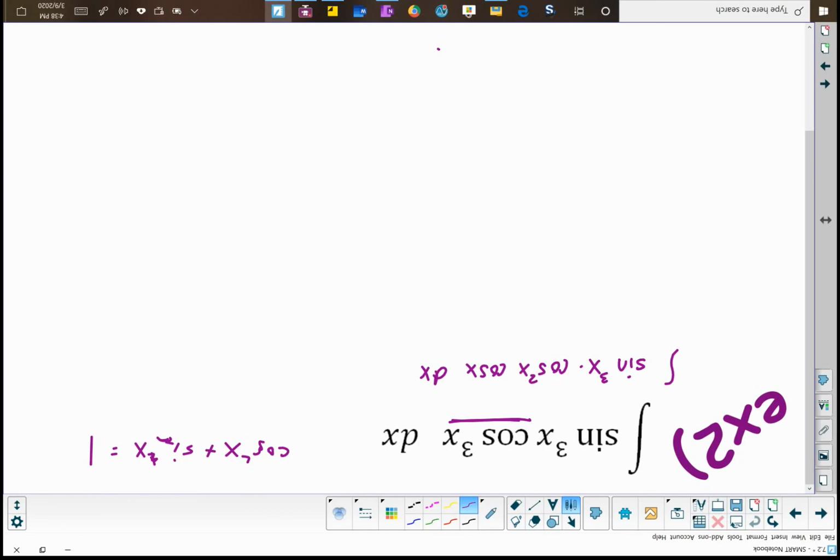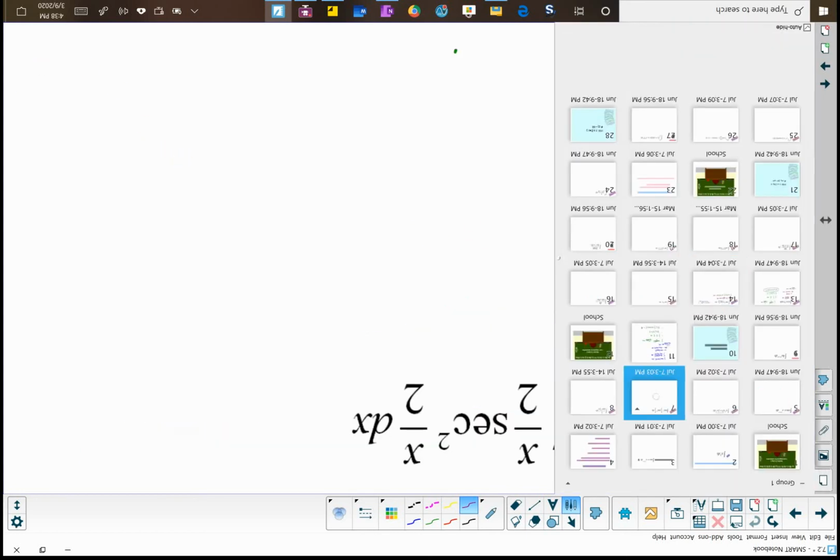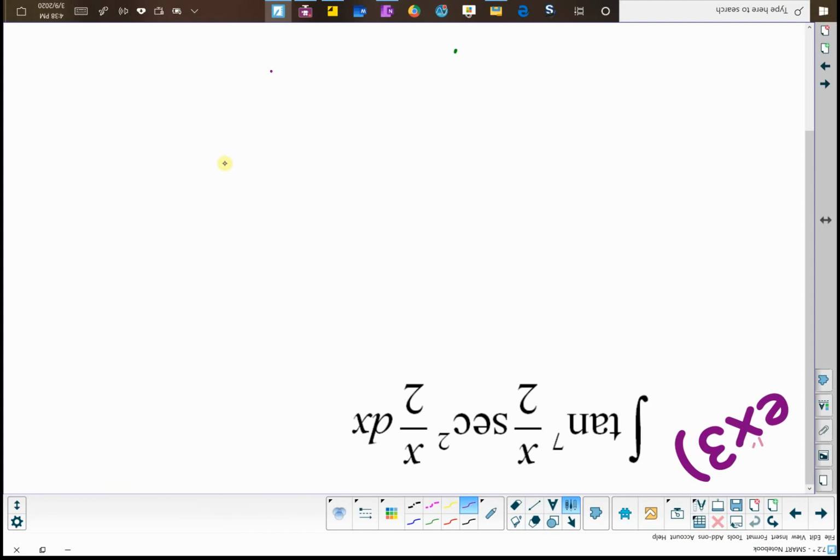Okay, so now I'm going to use this identity to make sure I only have one cosine. So I end up with sine cubed x, and I'm going to replace that with 1 minus sine squared x, times cosine x. So now it becomes like the problem we did the other day, because the derivative of tangent is right here.